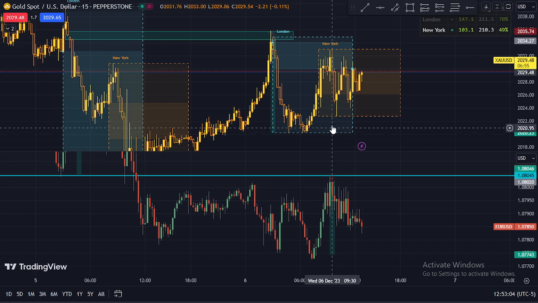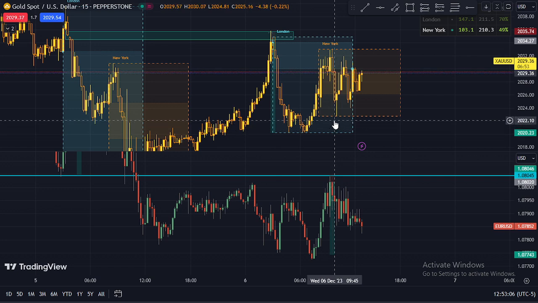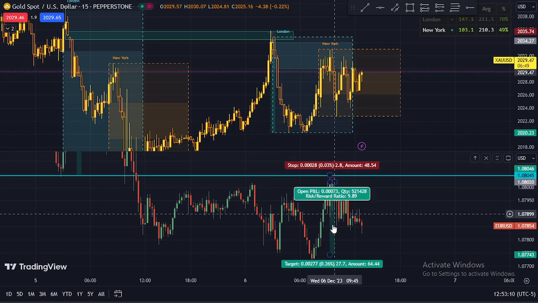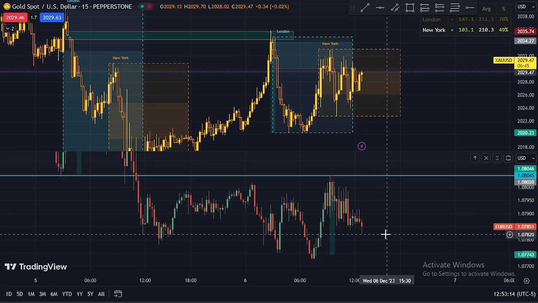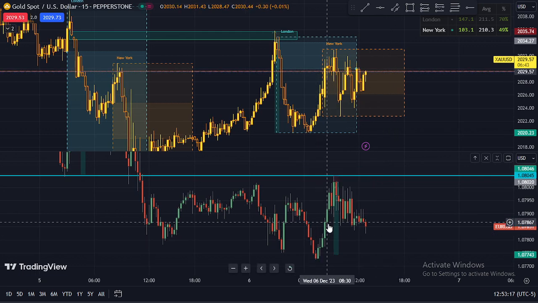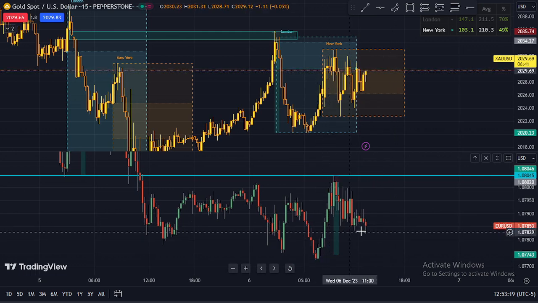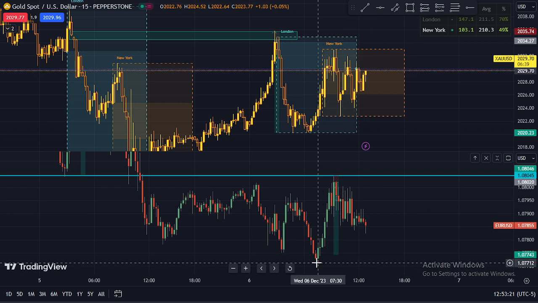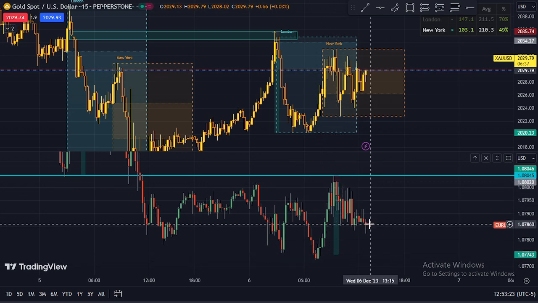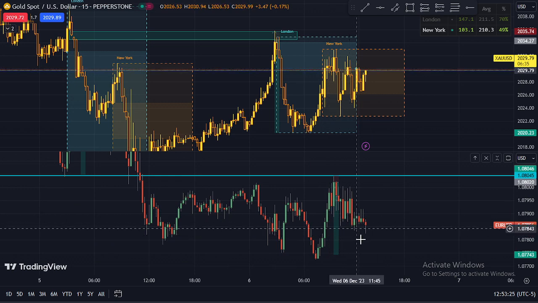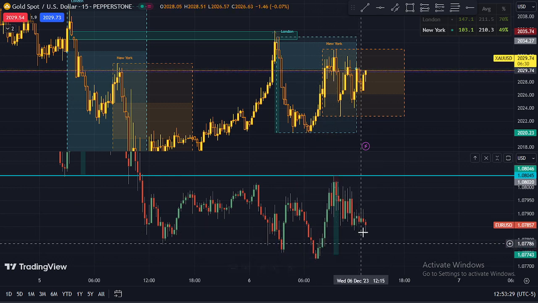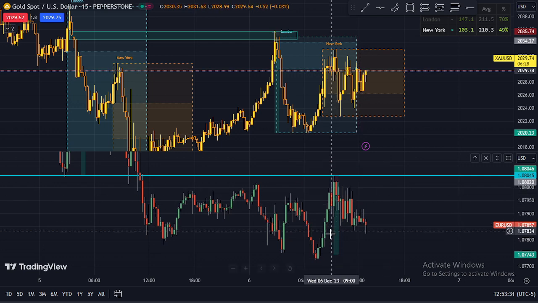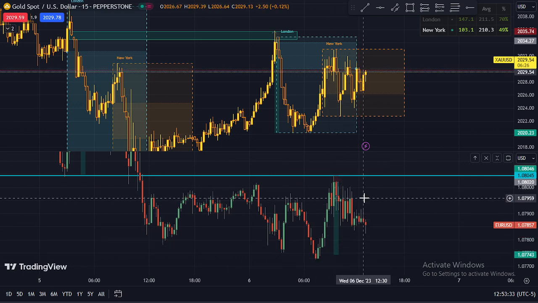So anytime you see a fair value gap, either you take your profits right there, or your targets are placed at the fair value gap. As you can see now, price has reacted to this, and as I have told you, low to high, this dealing range, this fair value gap is at discount. So it's quite permissible for price to come down to that point and then reverse.